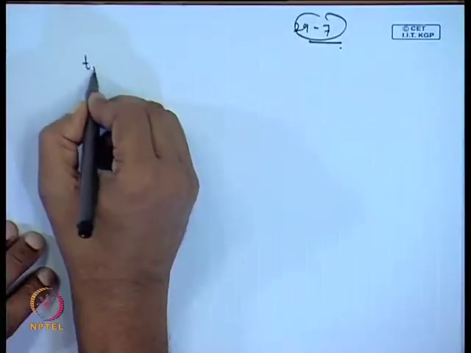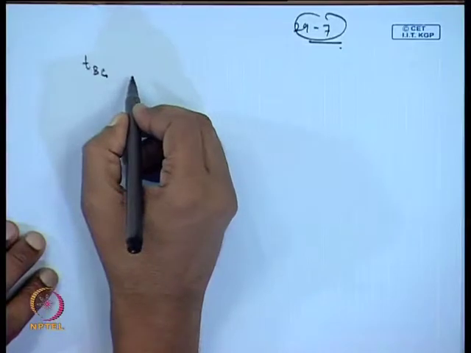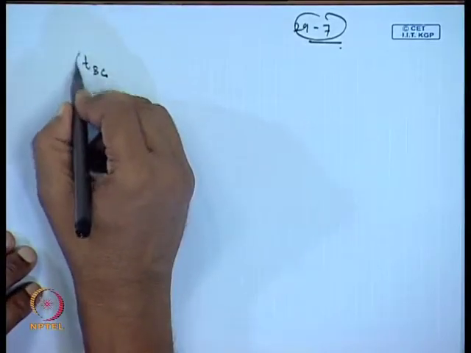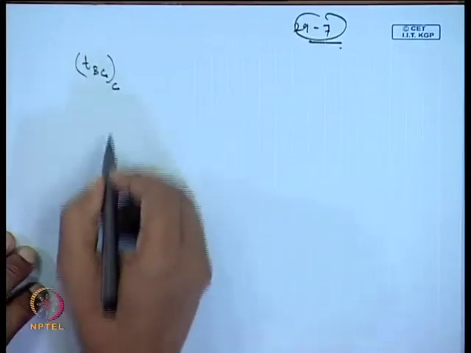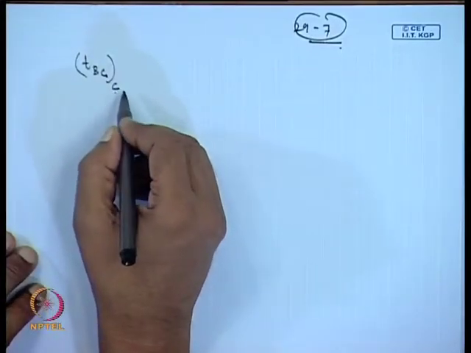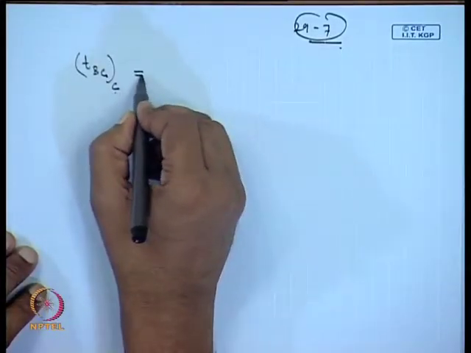So, TBC gets reduced to, now instead of writing the full circular, we will just denote this with a subscript C to indicate circular. Okay.